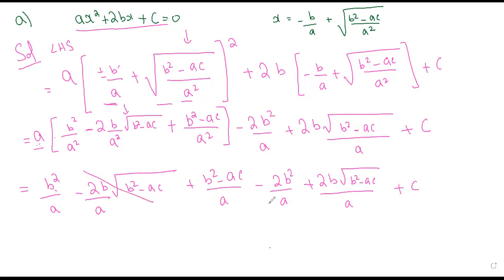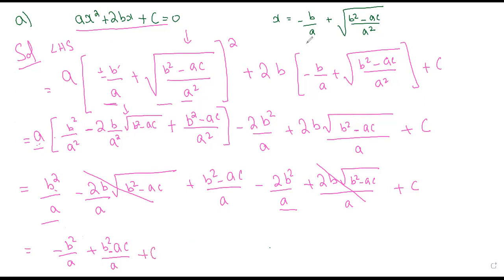This factor is just like this one, so I can cancel them and do some simplification. This term is same like this one. So B square over A minus 2B square over A would be minus B square over A, right? Plus B square minus AC over A plus C.